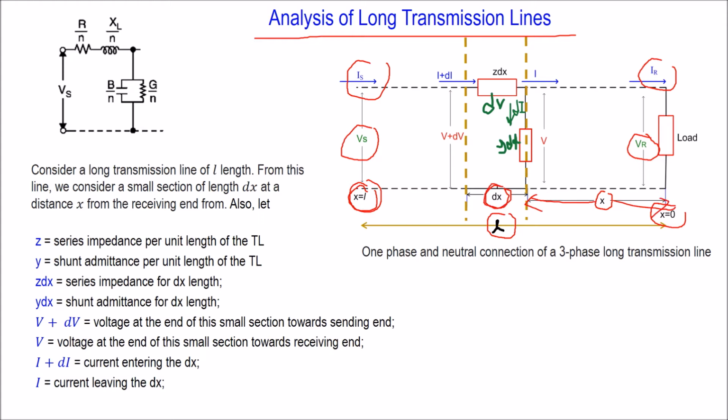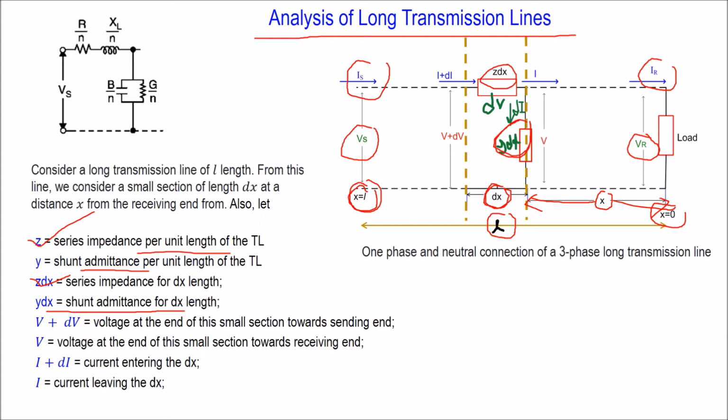Now we consider Z is the series impedance per unit length of the transmission line. So for dx portion, series impedance will be Z dx, right? Similarly, Y is the shunt admittance per unit length of the transmission line. Therefore, Y dx will be the shunt admittance of this dx length, right?